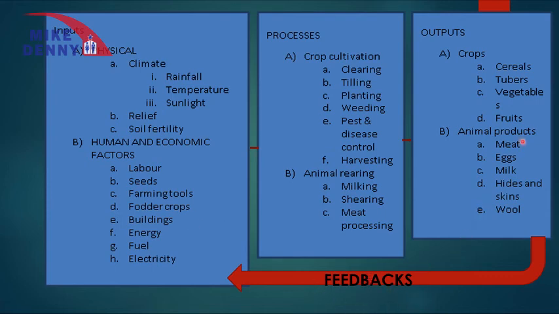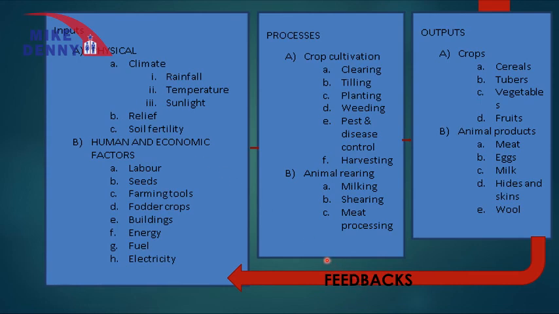For instance, some of these crops, some of these tubers and all the like could decompose and also form manure, which comes again as input into the farm. So this is what we talk about as feedback.